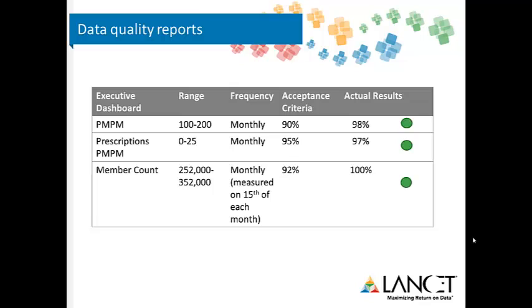But the important thing here is that you've asked the business, you've documented their data quality standards, and you have identified any special method for how you apply that in the data quality checks themselves.